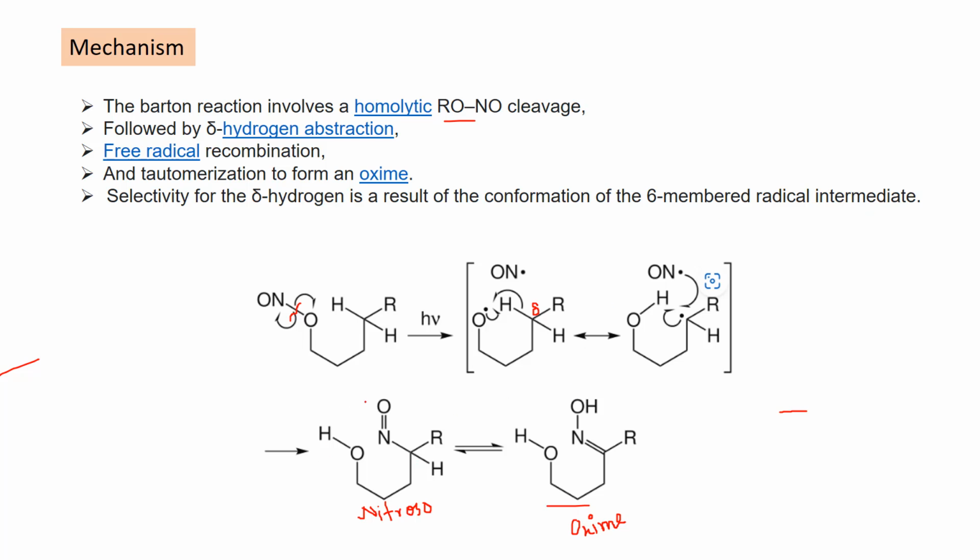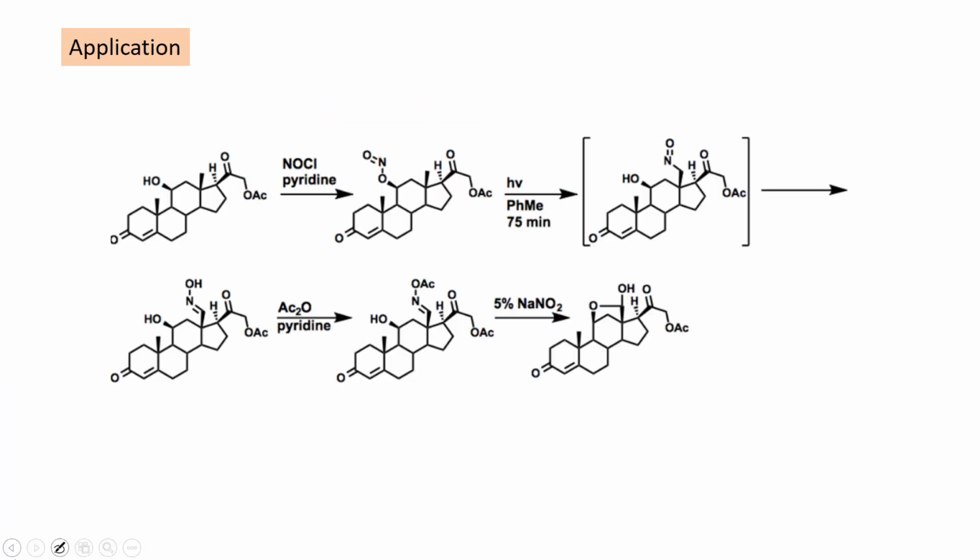So as this selectively abstracts this delta hydrogen, we end up getting a 6-membered radical intermediate. So this is a 6-membered radical intermediate. So what is the application of that? By this methodology we can functionalize selectively the delta carbon.